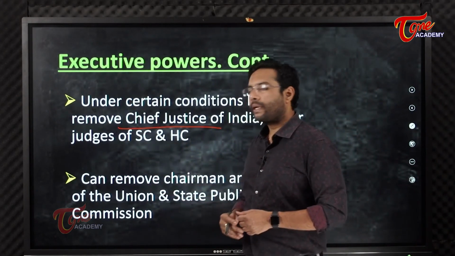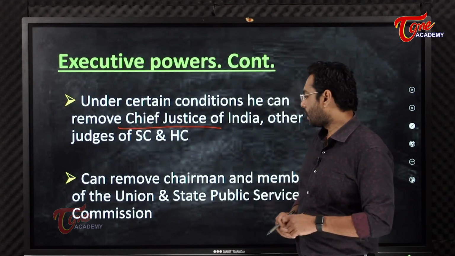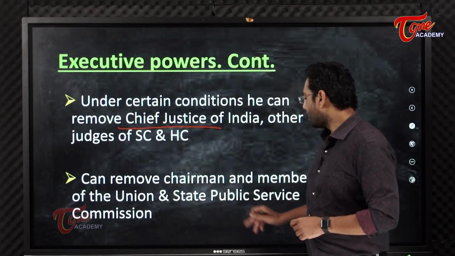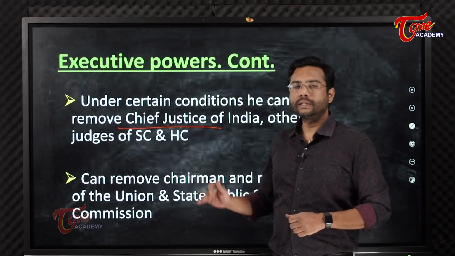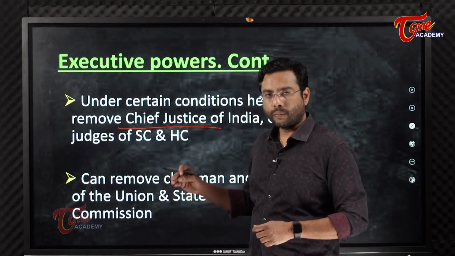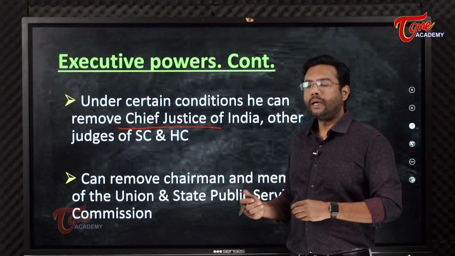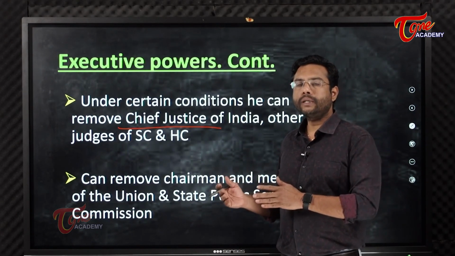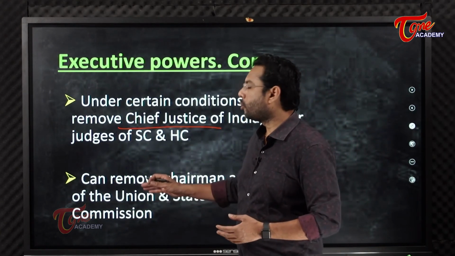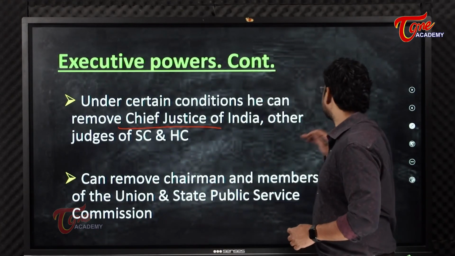Various Supreme Court and High Court judges can also be removed in that way, and the chairman and members of the commission, because the President has authority. The President appoints them. In our Constitution, we also say that the President, when he appoints, also has the power to remove, but following certain procedures.